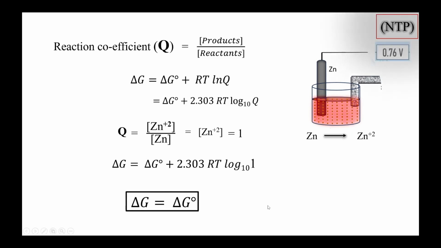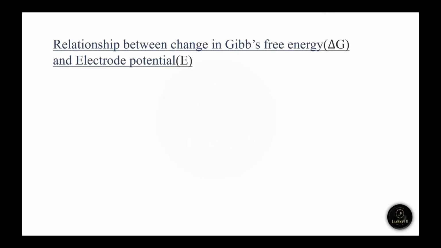Here the question comes, what is the relationship between thermodynamics and electrochemistry? The reactions are happening by themselves, which means spontaneous reactions. This spontaneous reaction makes the electrode potential change, and it can be given by a formula.